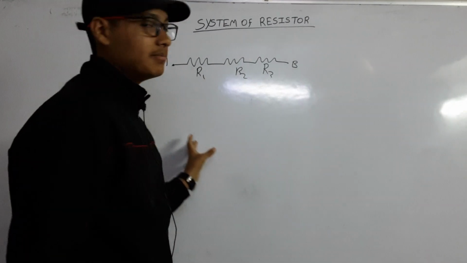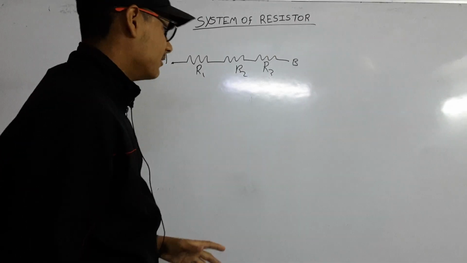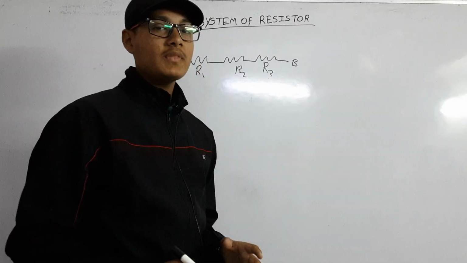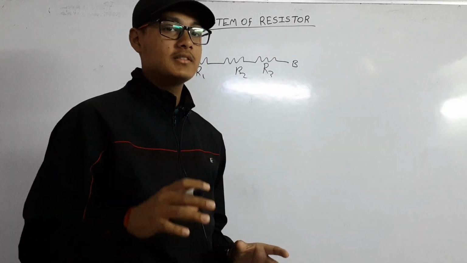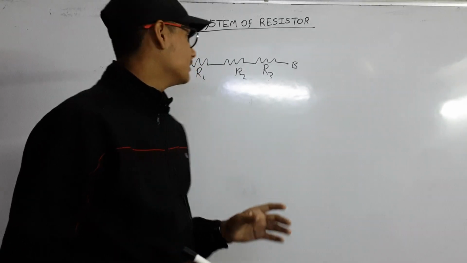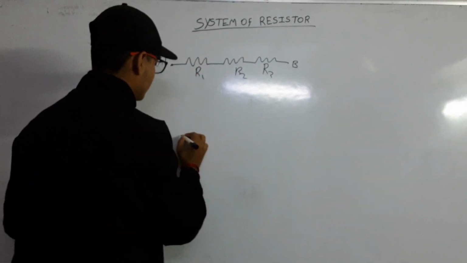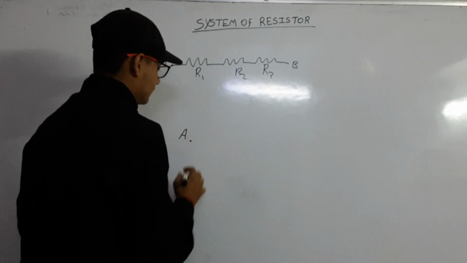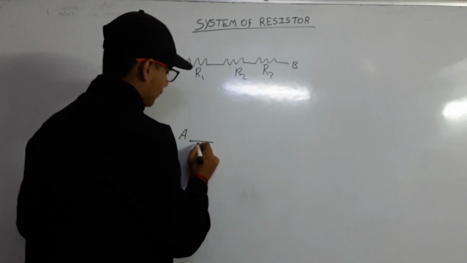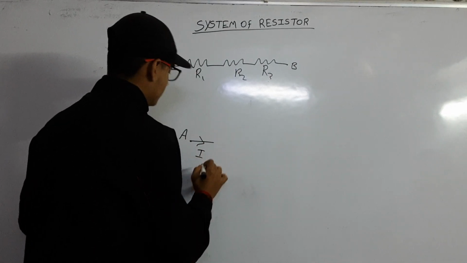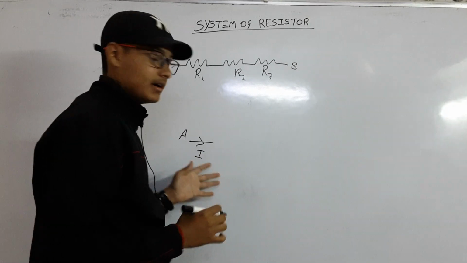Now we will understand parallel system of resistor. In parallel system of resistor, the circuit divides from one place into several parts. We will see them also. So let's say we have a point A. Here the flow of current will continue, that is I. Now it will be divided into parts.